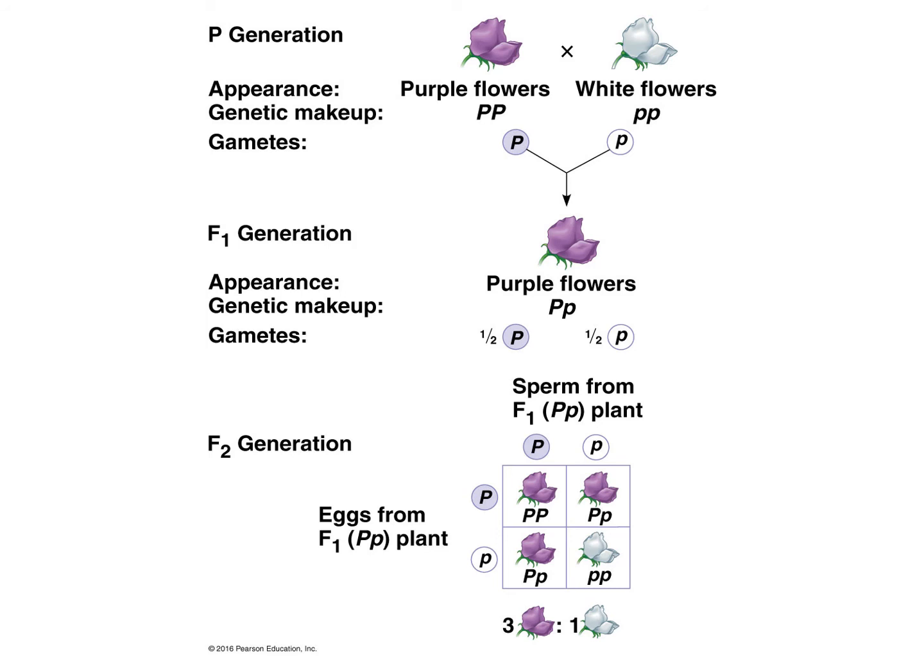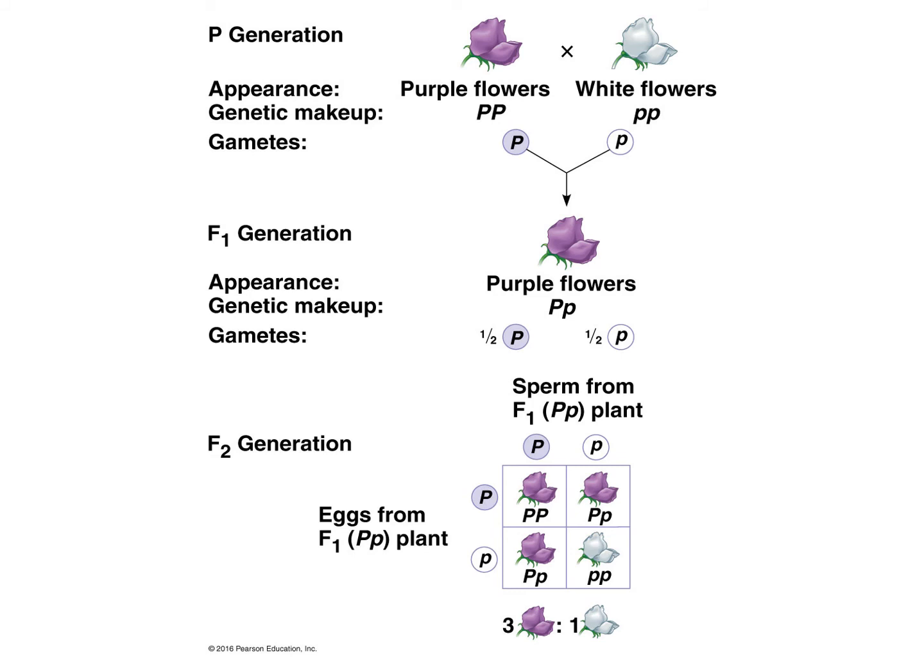The tradition is to use an uppercase letter to represent a dominant allele and a lowercase letter to represent a recessive allele. Since the parental generation was true breeding, they would have 2 copies of the purple allele in the purple parent and 2 copies of the recessive white allele in the white parent.